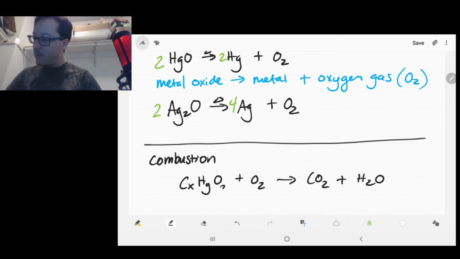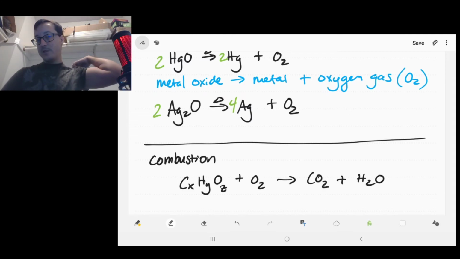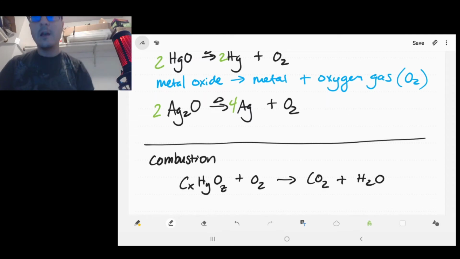It doesn't matter what your coefficients for carbon, hydrogen, oxygen are in your molecule. These all turn into CO2 and water. So if we saw a couple of examples, we saw propane and butane burning, combusting. We produce CO2 and water for both of those. Oftentimes, I've put a Z for oxygen. That can be 0.